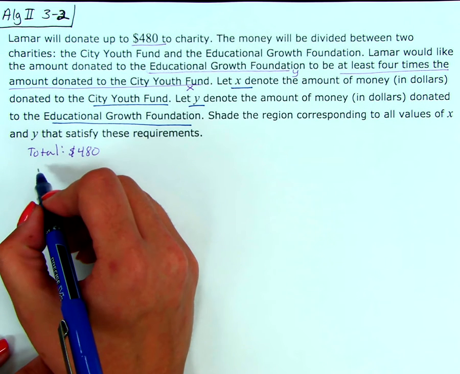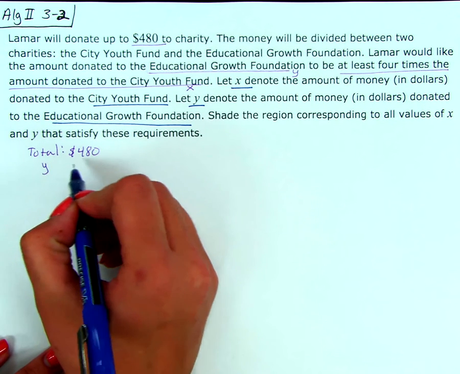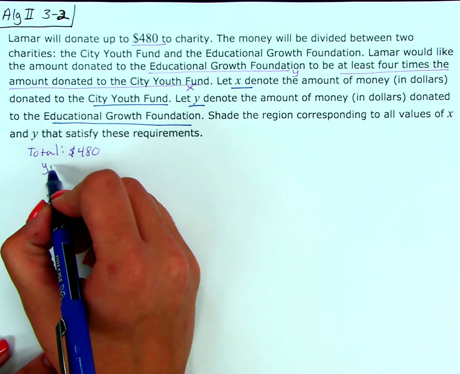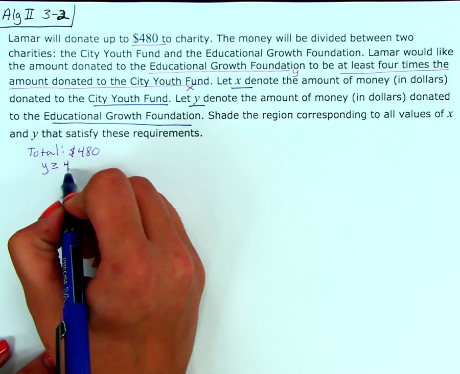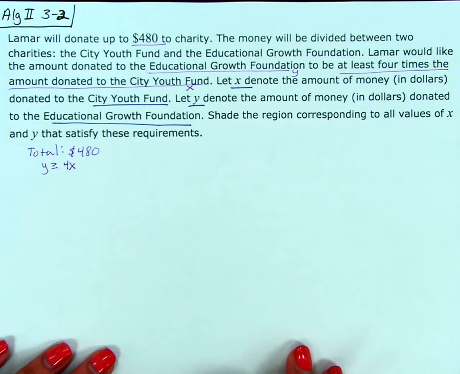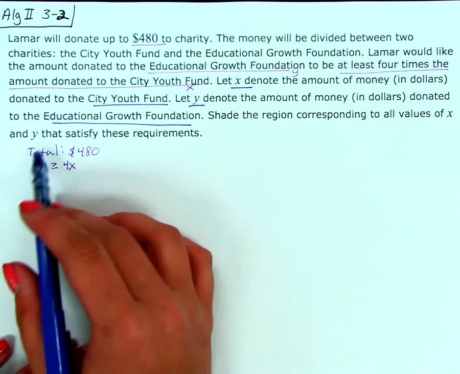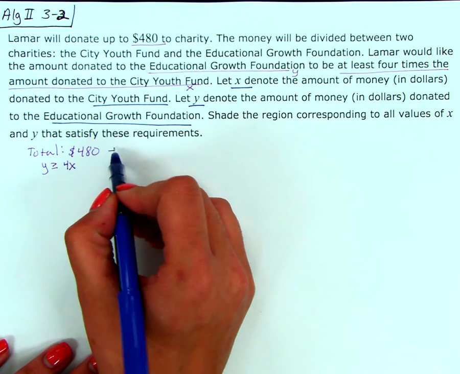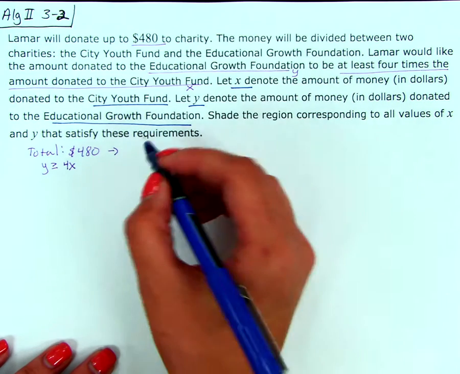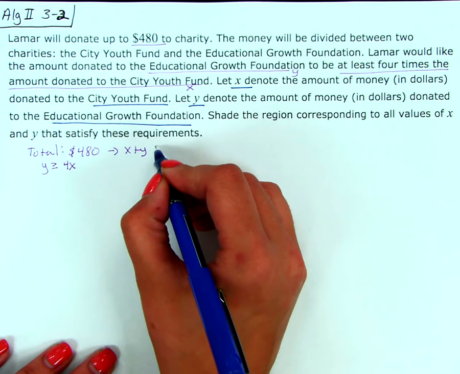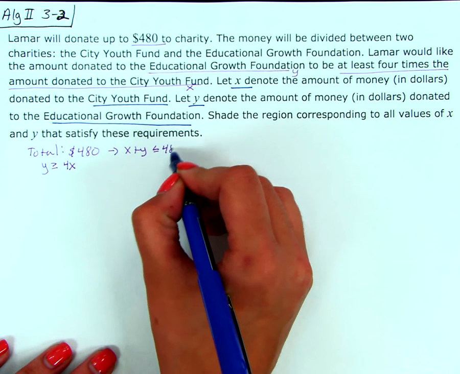So again, we said that has to be at least 4 times bigger. So Y has to be greater than or equal to 4X for that one. And when we're looking at the total, the amount of money that we give to each, we would add those together, and that has to be less than or equal to that $480.